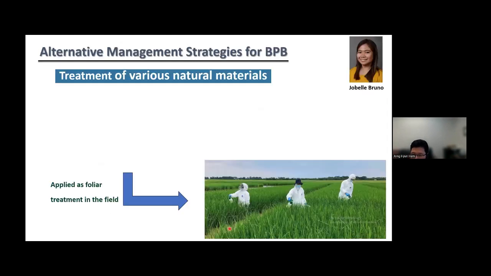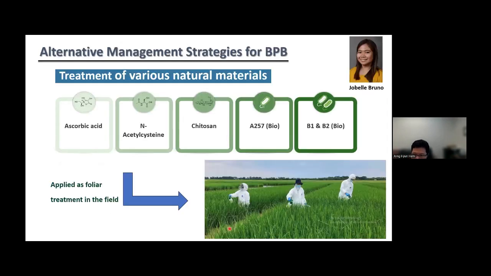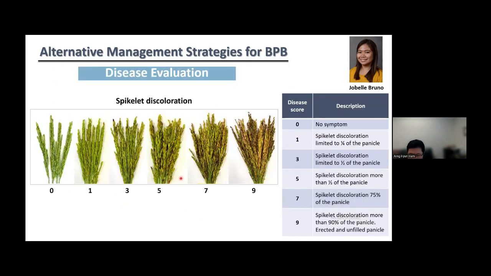So at the same time, we have also tested many other materials that can be used as alternative agents for disease management. We tested a variety of natural and biological materials, including ascorbic acid, acetylcysteine, chitosan, and some biological materials identified in our lab, and tested them in the field and greenhouse.